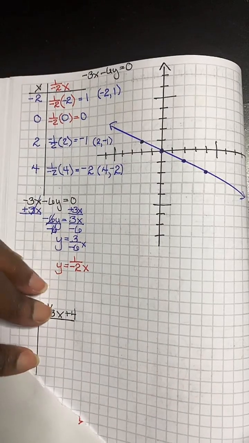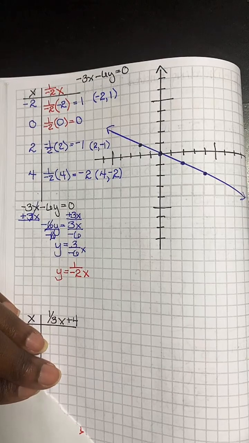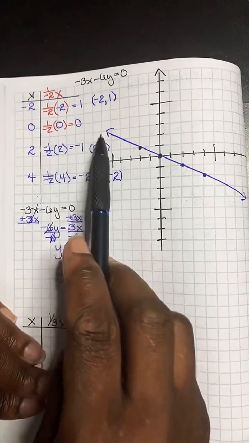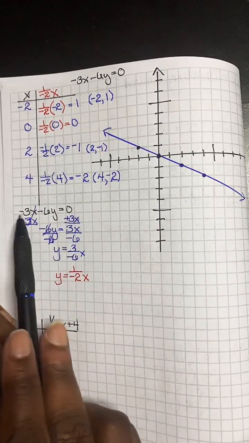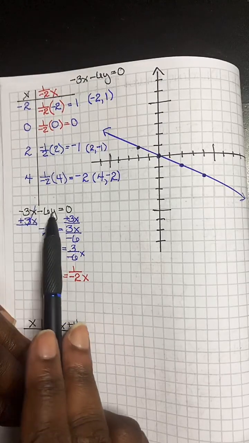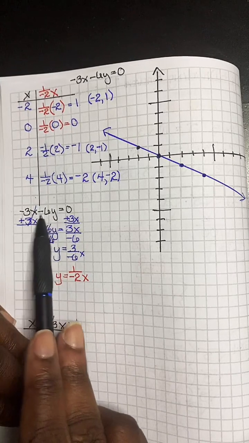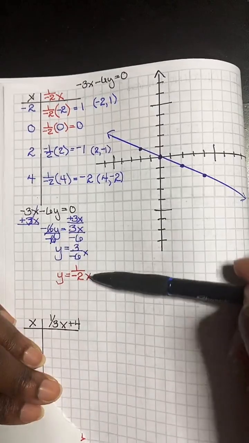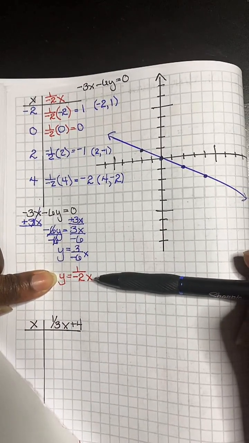Okay, so sometimes when you get these in any kind of test, even in the class, if they give you an equation that's in standard form, the reason why I know it's standard form is because my x and my y are on the same side of the equal sign. If they give it to you in standard form, you can put it in slope-intercept form and then try to graph it.